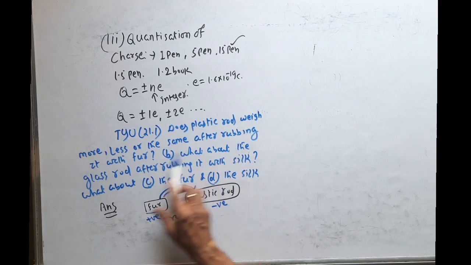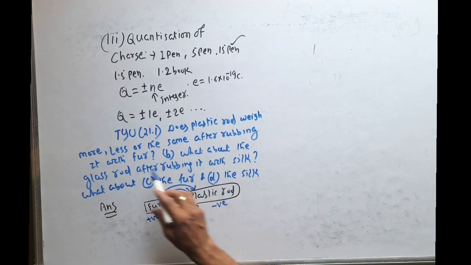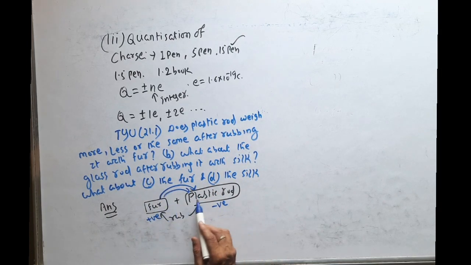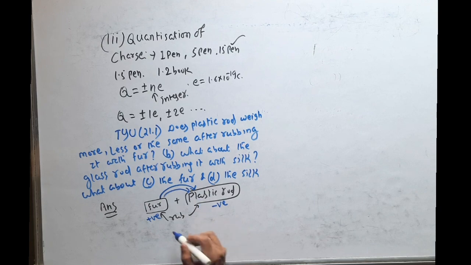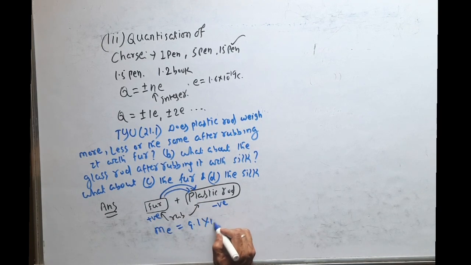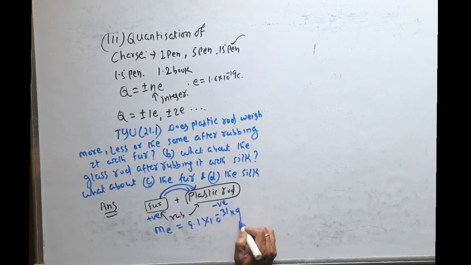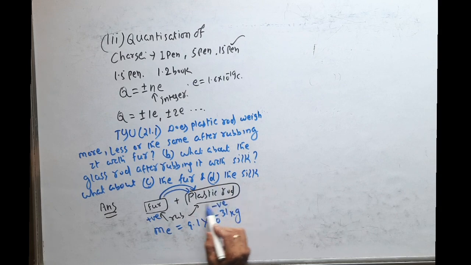Question is, after rubbing, does the plastic rod weigh more, less or the same? After rubbing, some electrons will be added to the plastic rod. That means electrons have mass. What is the mass of an electron? I think it is 9.1 times 10 to the power minus 31 kg. It is a very small amount, but some electrons will be added to the plastic rod.